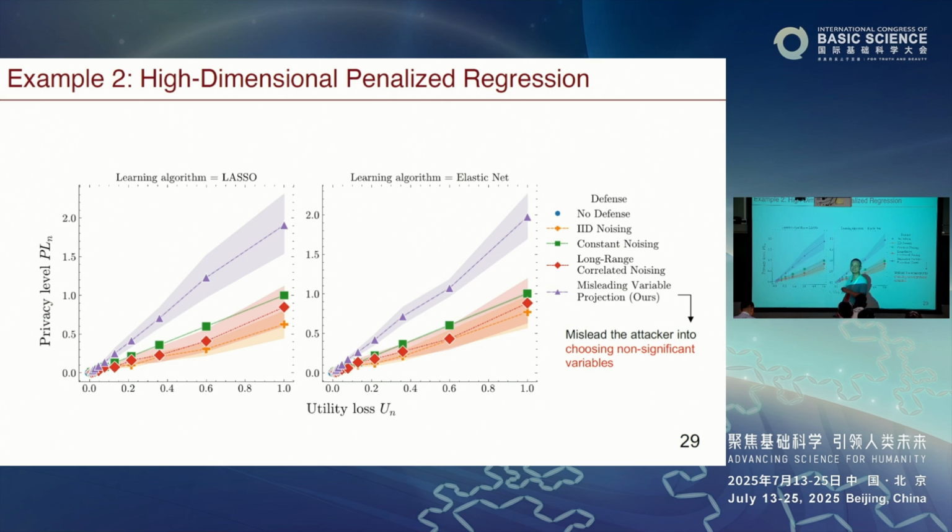And if so, they're going to suffer. Okay, so that's the idea. And here, again, the numerical illustration is the blue one. So that's our misleading variable projection. So we try to make the attacker select unimportant variables, right, by introducing noise in a clever way. And indeed, you have a much better privacy level compared to other strategies. Okay. All right, good.